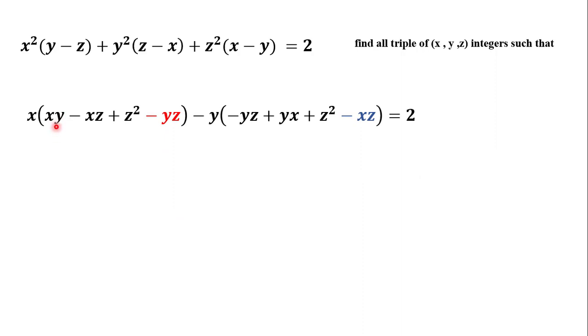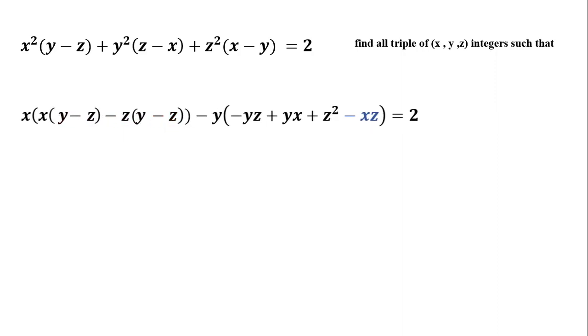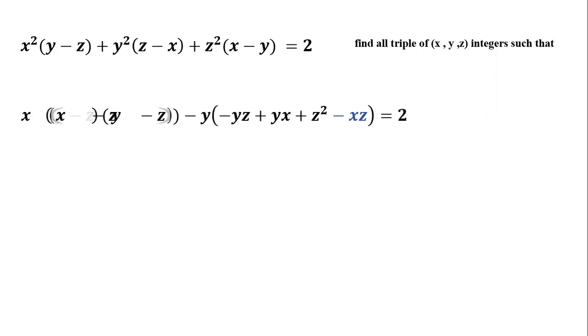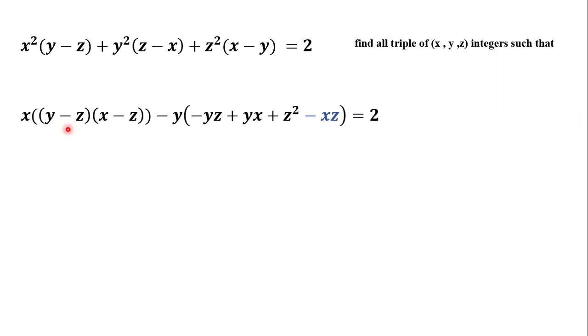Now we can factor x from the first term and the second term, and factor z from the z squared and minus yz. y minus z is common in two terms, so we can factor y minus z. So we get y minus z times x minus z.